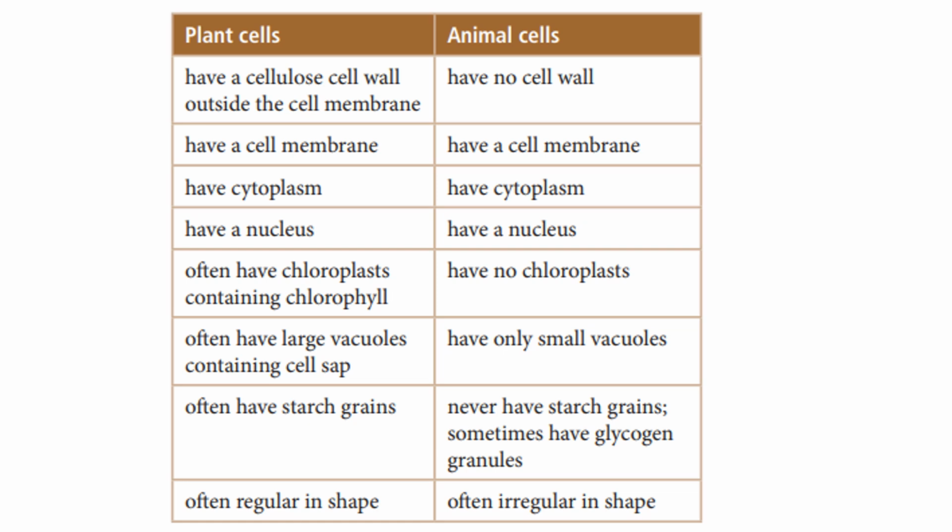Plant cells often have large vacuoles containing cell sap, but animal cells have only small vacuoles. Plant cells often have starch grains, but animal cells never have starch. Sometimes they can have glycogen granules as their stored food. Because of the cell wall, plant cells have a regular shape, but animal cells are mostly irregular in shape.